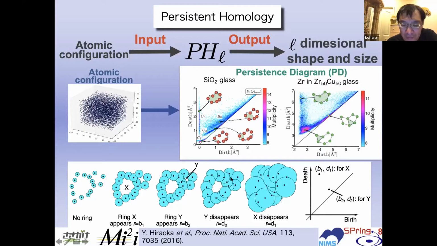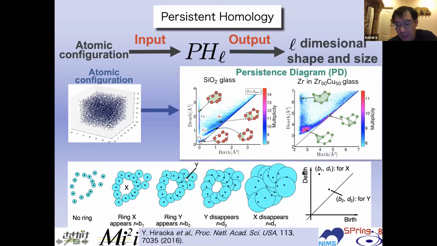Then increase more, and ring Y disappears at death 2. This is death. If we increase more and more, ring X disappears at D1. Then we repeat this analysis for all particles, and we can illustrate this diagram of birth and death.